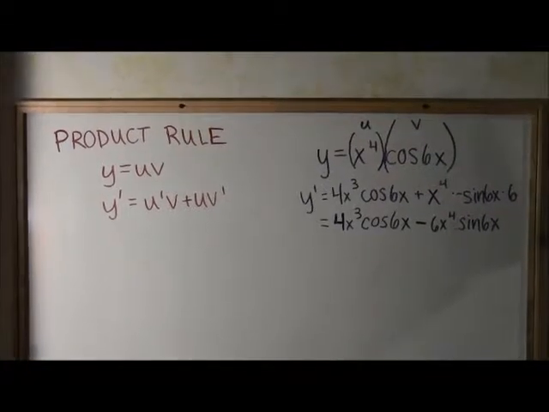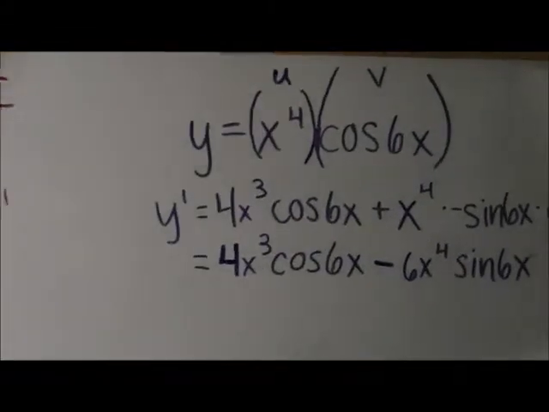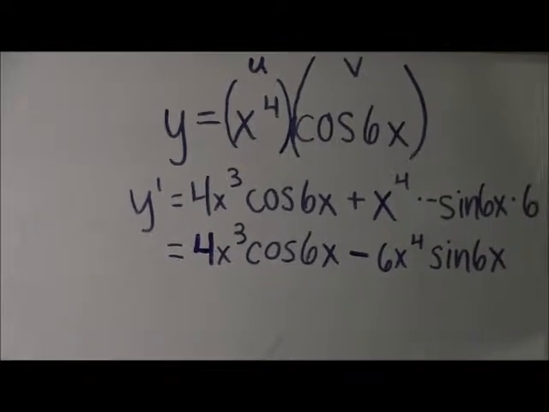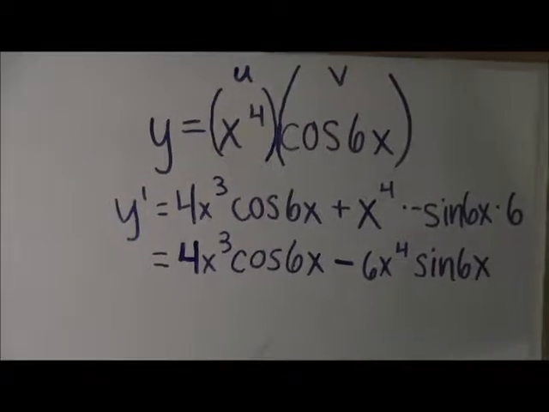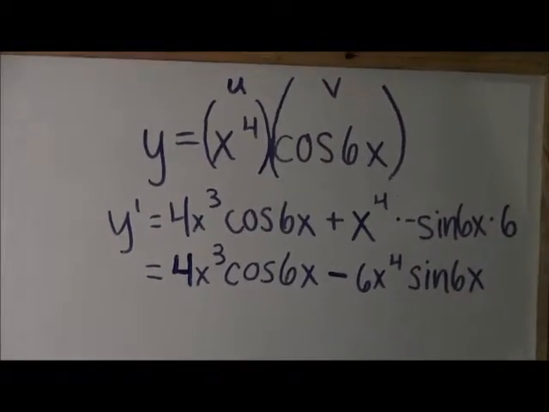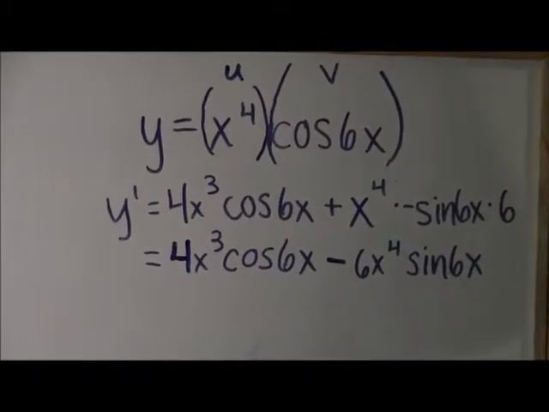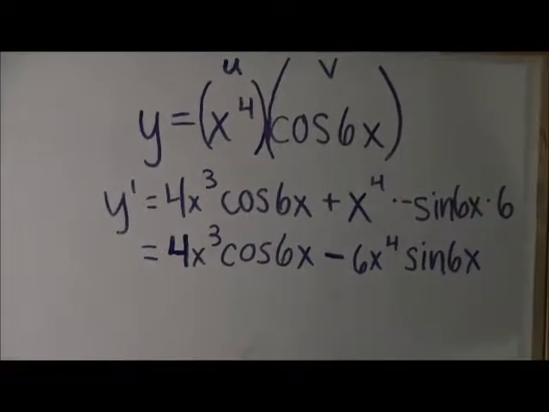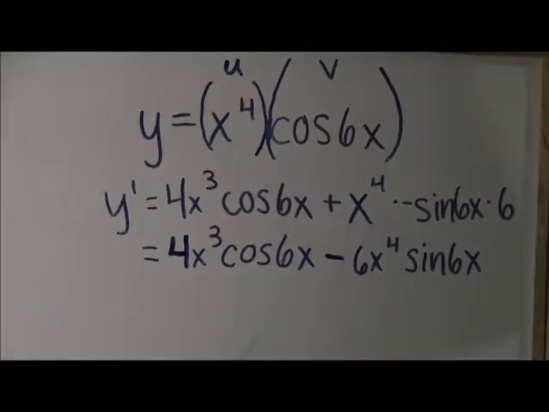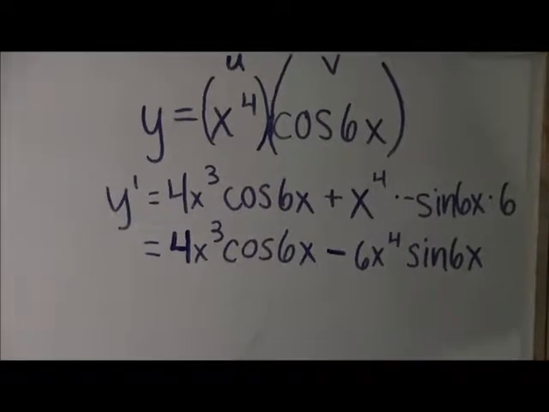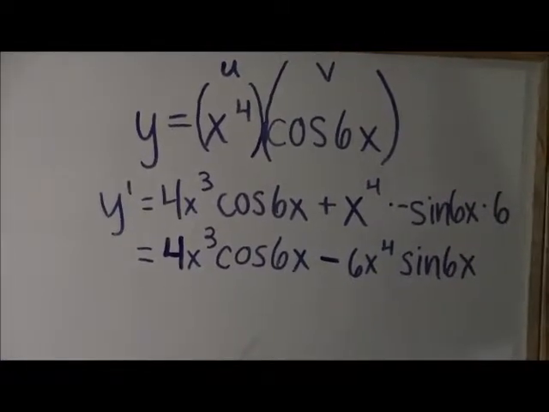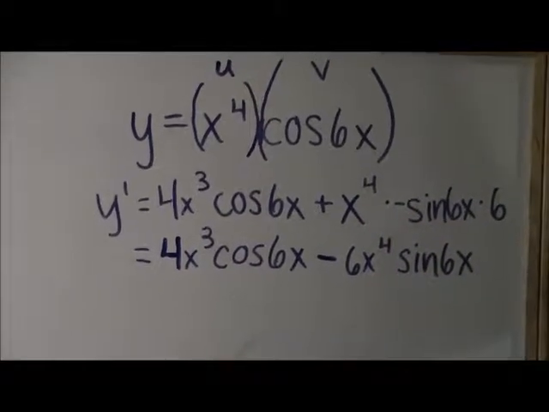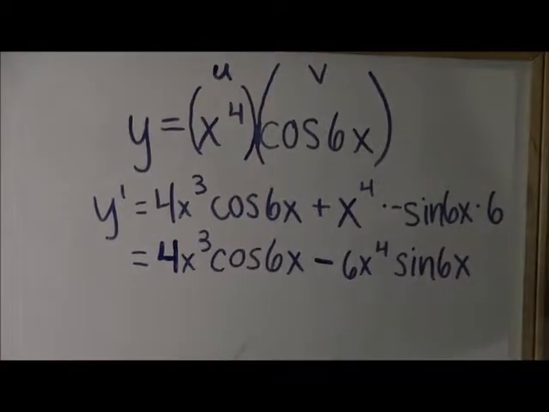So the derivative y prime equals 4x to the third, which is u prime, times cosine 6x, which is v, plus x to the fourth, which is u, times negative sine 6x times 6, which is v prime. And from there, you tidy up and you get 4x to the third times cosine of 6x minus 6x to the fourth sine 6x.